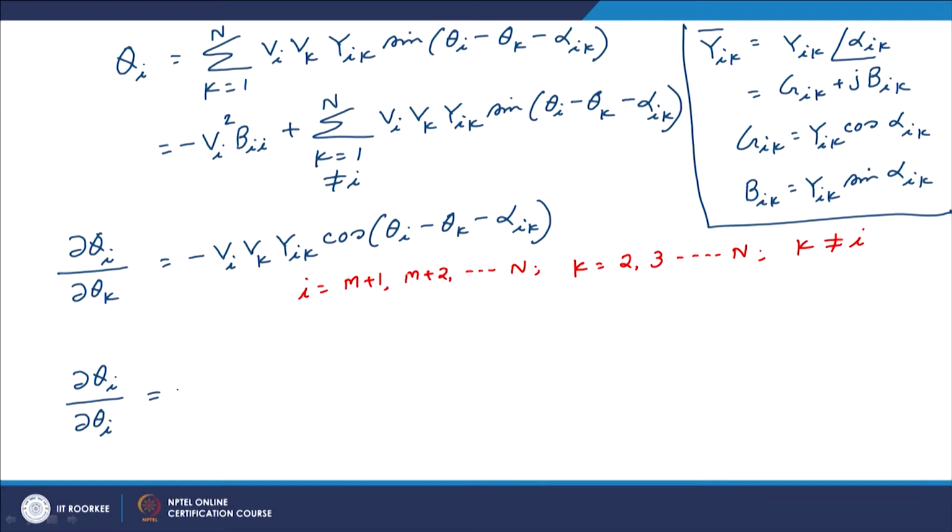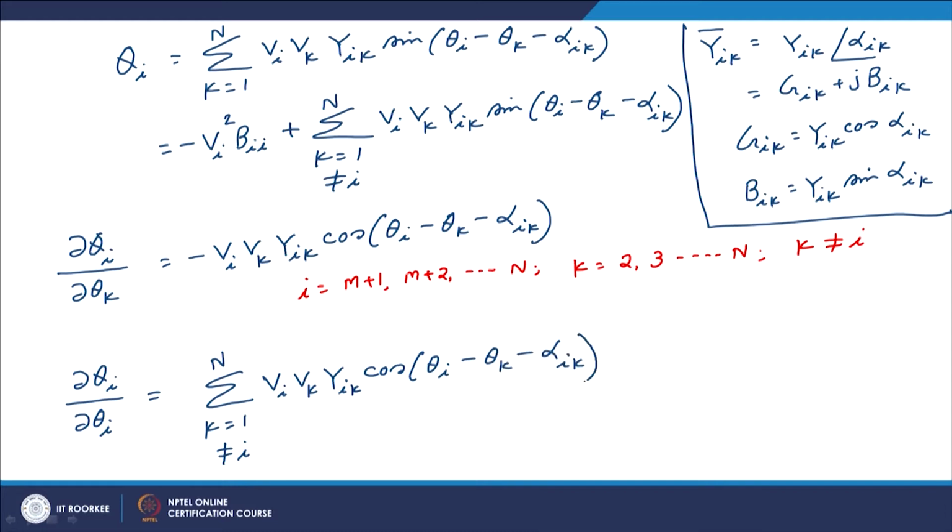So, that would be again 0, and it would be k equal to 1 to n not equal to i, only this term will come, but because theta i exists in all the terms of this summation, we will get all these terms of the summation and it will be very simple: v i v k y i k cosine of theta i minus theta k minus alpha i k, and here i would be varying again from m plus 1 to n, k would be varying from 2 to n, and the rider is k is not equal to i.